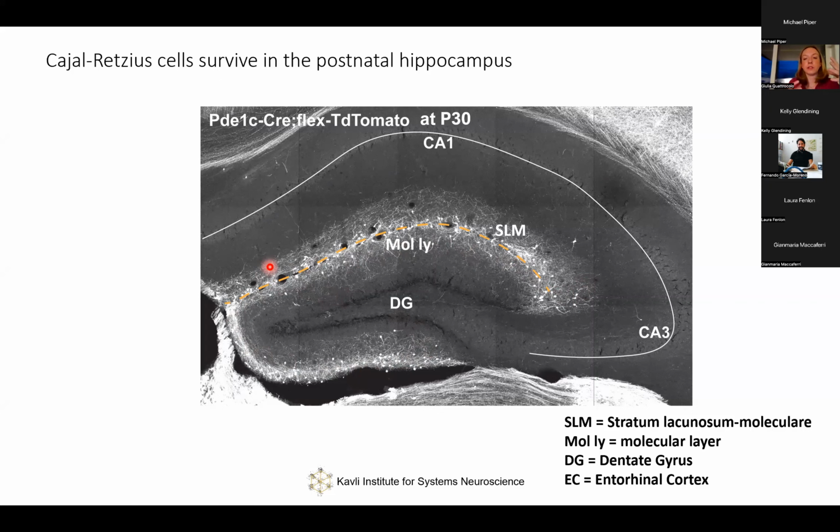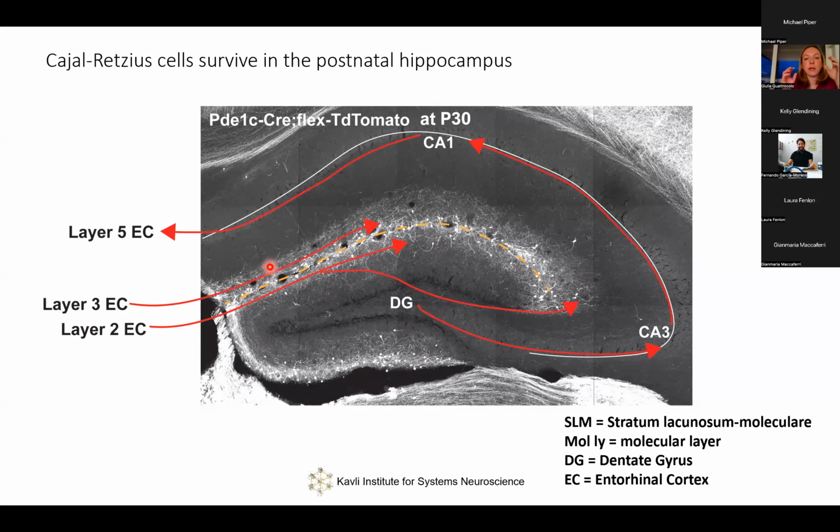And we do know that the maturation of the hippocampal region is prolonged during postnatal development. The hippocampal function takes a few weeks to emerge in rodents. So the Cajal-Retzius cells are really localized in the perfect place and at the perfect time to be able to contribute to the maturation of the entorhinal-hippocampal circuit.